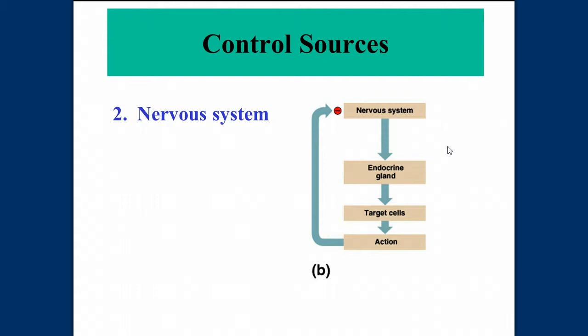So the internal environment and neural connections can control the release of hormones to regulate, with negative feedback again, the amount of these chemicals found in the body.